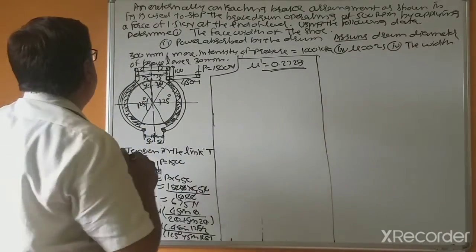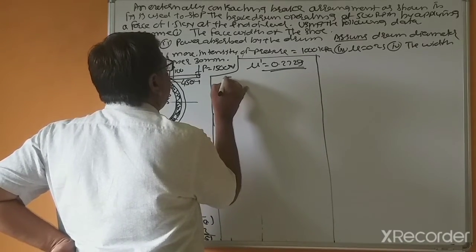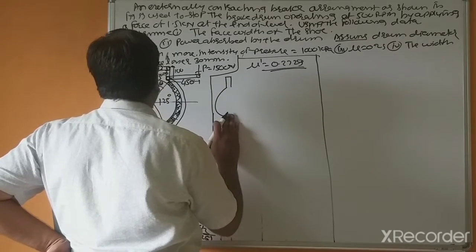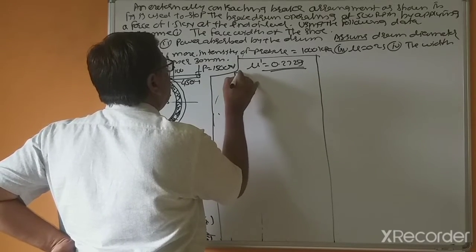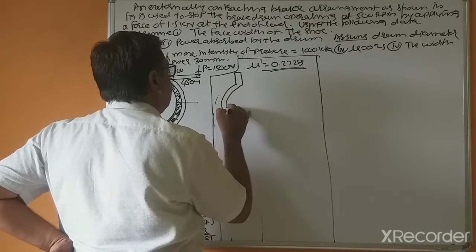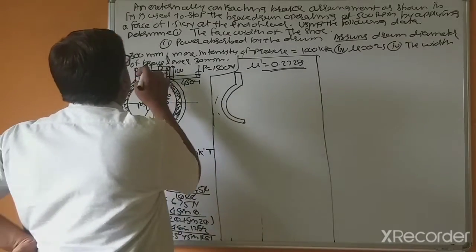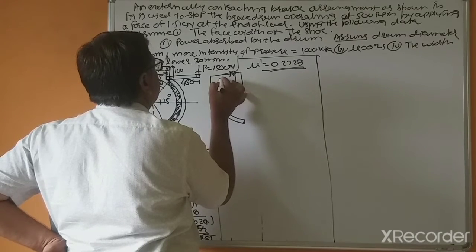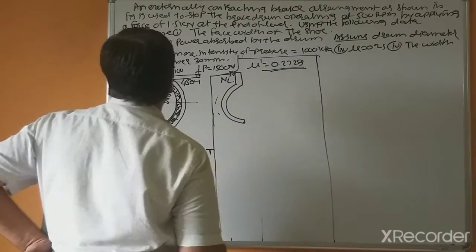So after that we will draw free body diagram for the left hand link. So this force, and this is NL, right?